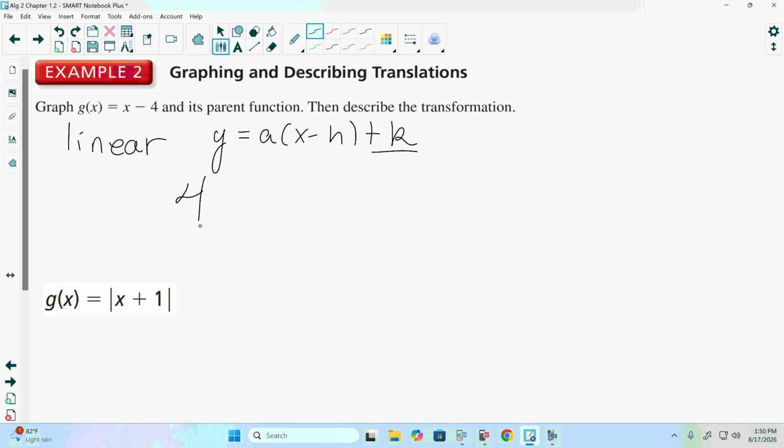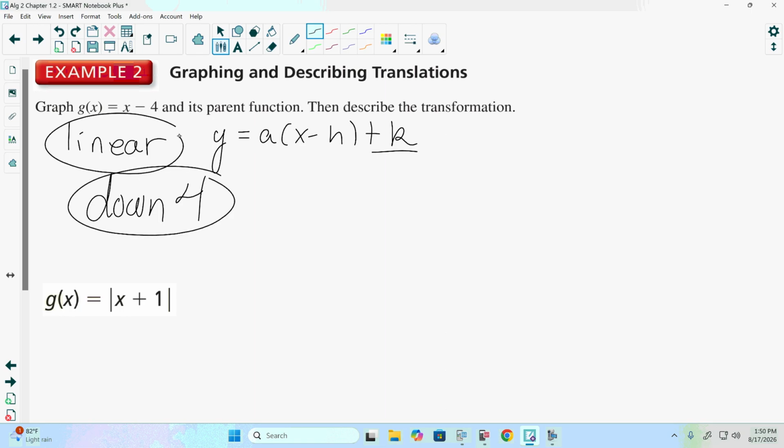How has it been transformed? Since it's minus 4, because again, we're talking about up, down. Up is normally positive, down is negative. So if we're saying k is negative 4, we're moving where? Down, how far? 4. That's the transformation. It's a linear function, and it moved down 4.